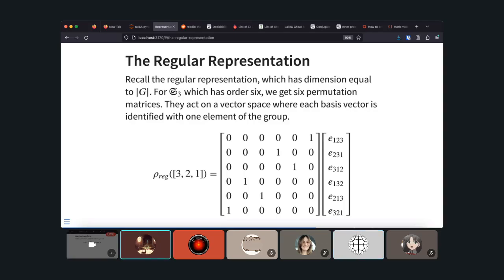In that case, as a representation of S6, those elements that leave the last 3 numbers fixed will have ones along the diagonal in that permutation representation, which for the symmetric group is called the standard representation.